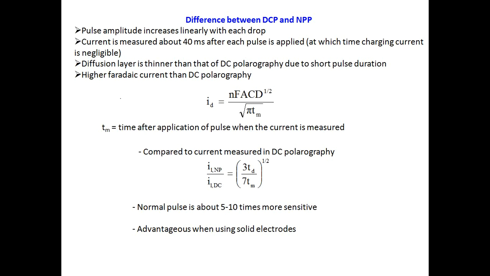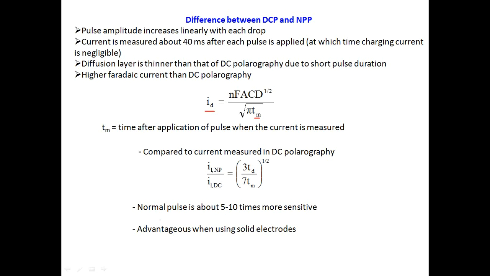The Faradaic current is high in normal pulse polarography, which is diffusion controlled. Then the diffusion current is given as nFACD to the power of half by root of pi Tm, where Tm is the time after application of the pulse when the current is measured, right? So this is the relation between the current measured in DC polarography and pulse polarography.